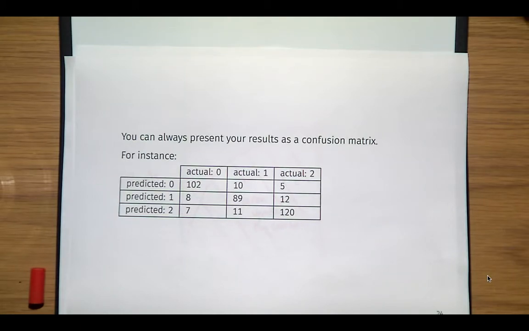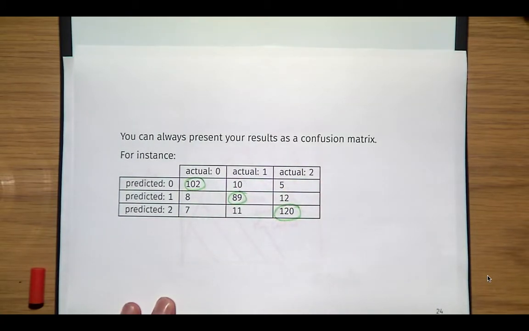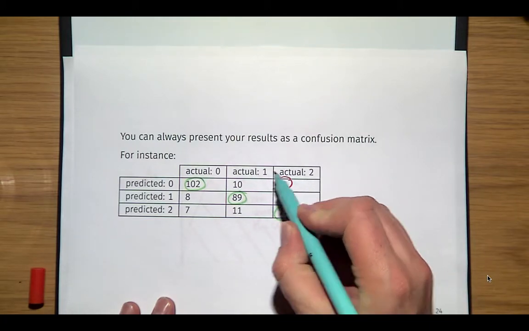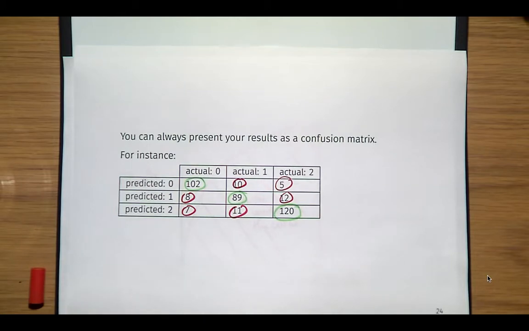So when you look at this, when we're good, we're on the diagonal. That's still true. But all these other elements here are errors, okay? When we had two classes, we had two types of error, and we gave them names, false positives and false negatives.